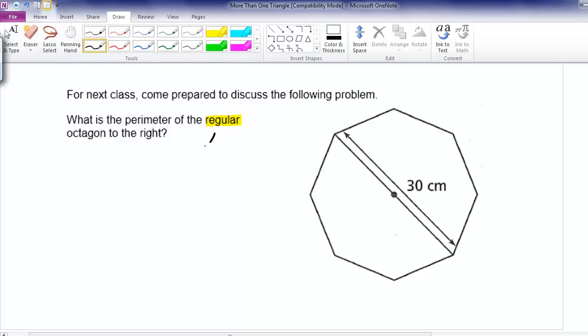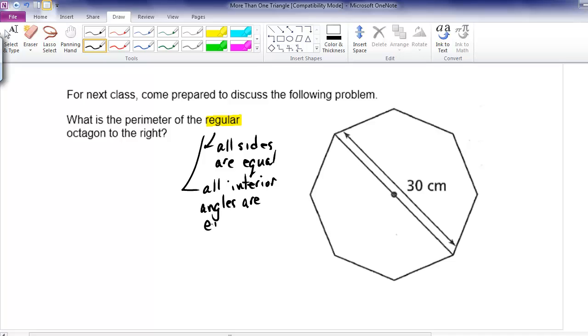Regular means all sides are equal and all interior angles are equal. So an equilateral triangle is a regular triangle. A square is a regular quadrilateral, and so on. So come prepared to answer.